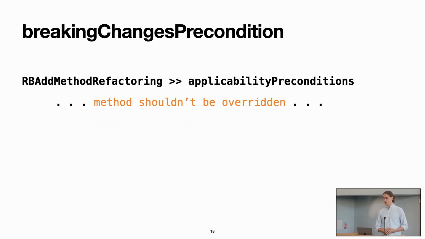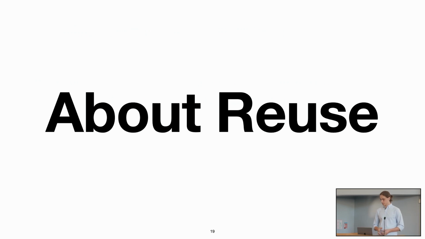And a breaking change precondition example is when you also want to add a method, we want to check that you don't, by mistake, override an existing method. So we will ask you, do you want to override or not? So yeah, those are examples of preconditions.